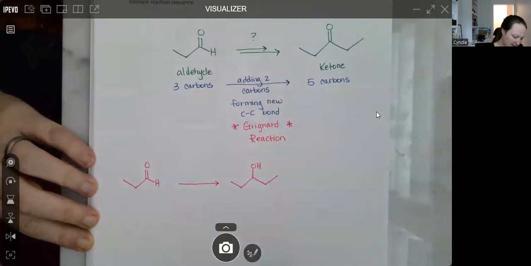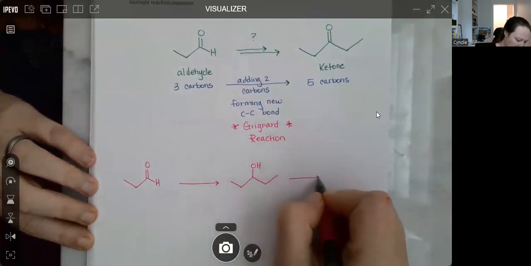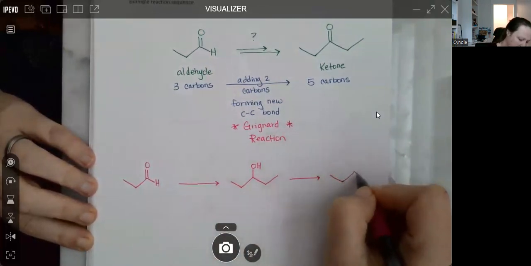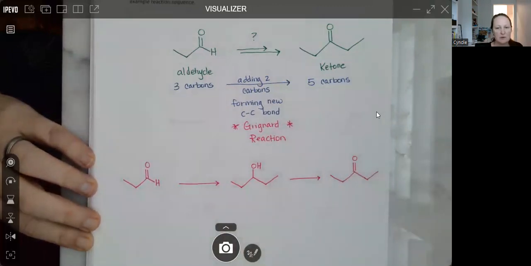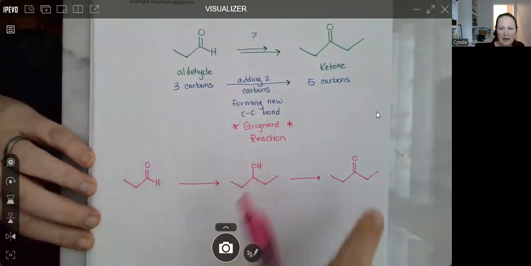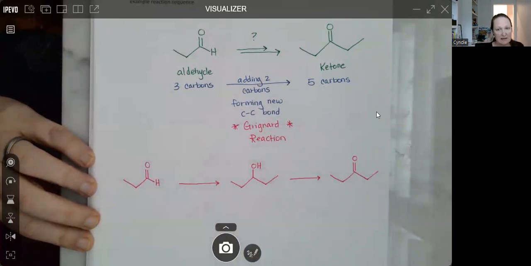And then once we have the secondary alcohol, we can oxidize that secondary alcohol up to a ketone.